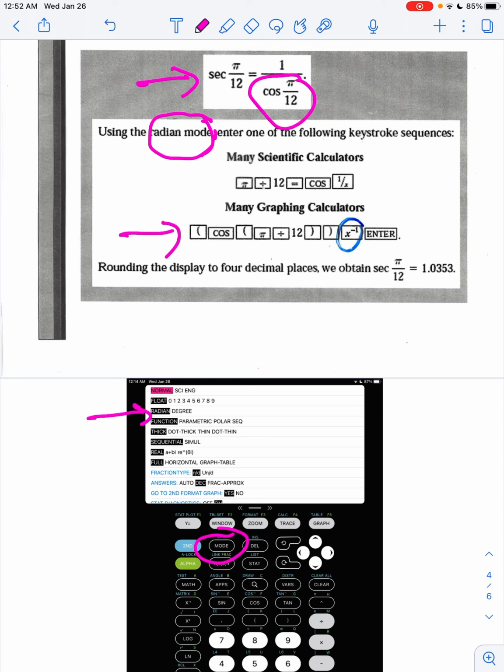I would enter cosine and then in parentheses pi divided by 12, and then I would use the x to the -1 reciprocal key, and that should give you the secant of pi over 12, and you should try this on your calculator. You want to see whether the secant of pi over 12 returns 1.0353. That's rounded to the nearest 4 decimal places.